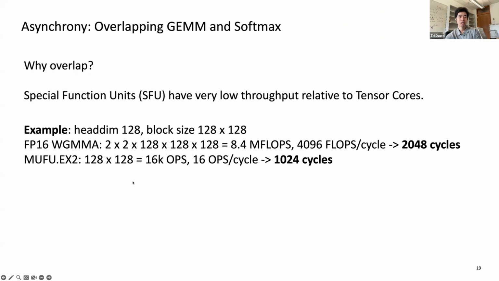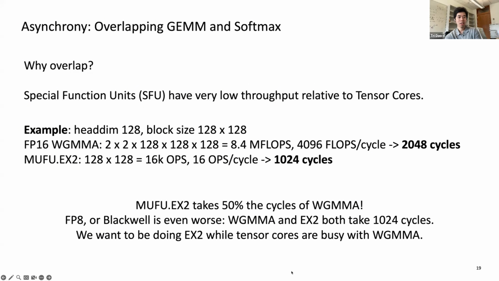Whereas the exponential unit performs 3 orders of magnitude fewer operations, but it also takes around 1,000 cycles, simply because the throughput of the exponential unit is 16 ops per cycle, whereas the throughput of the tensor core is like 4,000. So it's a huge factor difference, right? And you can work this out, and you see that the exponential unit takes 50% of the cycles of the warp group MMA.